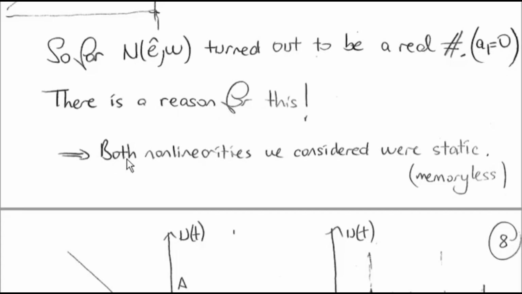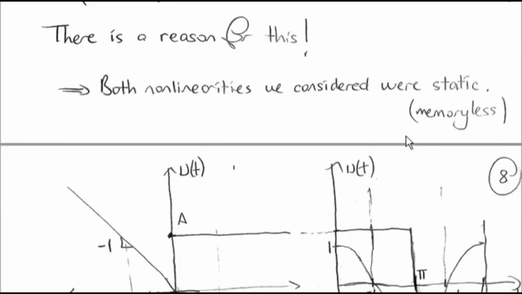It was because these nonlinearities were static nonlinearities, so they were memoryless nonlinearities. For a single e value, we had only a single u value. So the nonlinearity did not have any memory in it. That was why we got real describing functions for both of these examples.